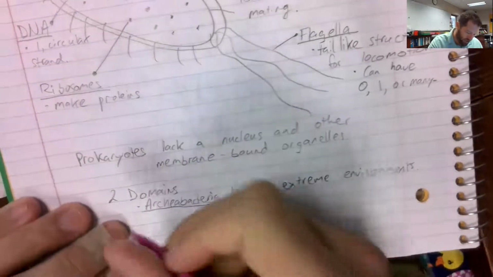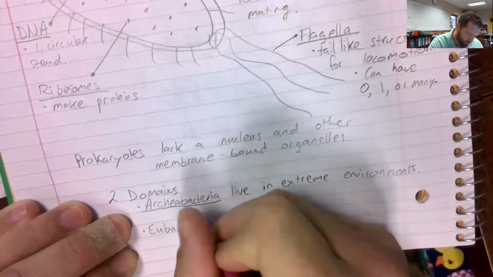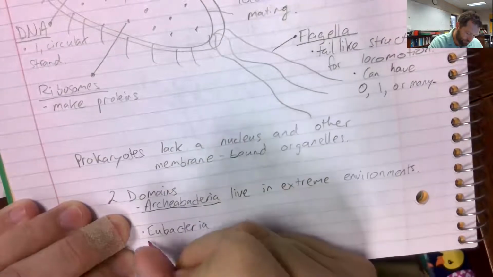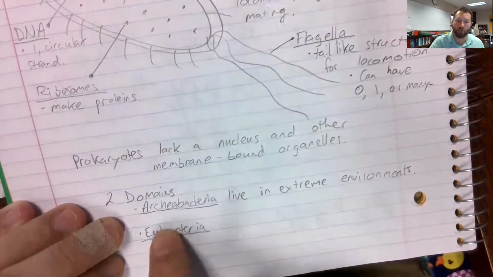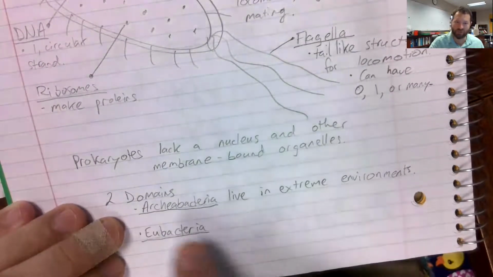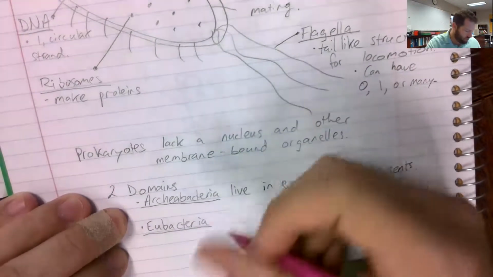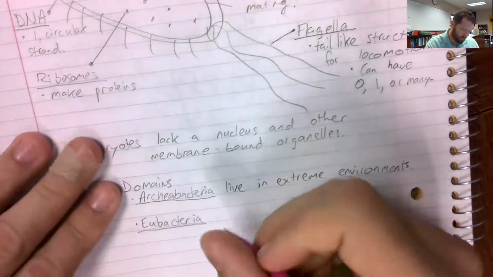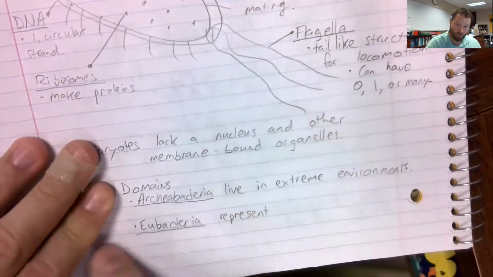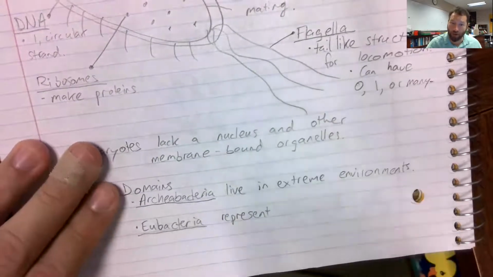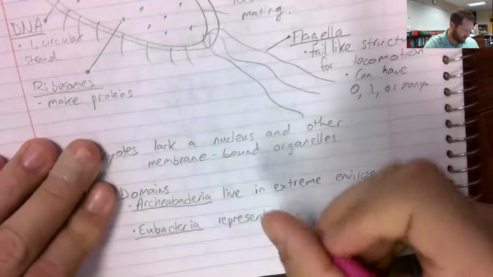So that's archaeobacteria. Then the second domain is eubacteria. Now don't be confused by eu. I know we have eukaryotes, but this is a bacteria, so this is a prokaryote. And eubacteria, they're much more similar to us eukaryotic cells. So they aren't eukaryotes, they're bacteria, but they're much more similar.